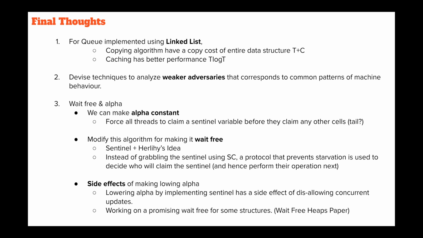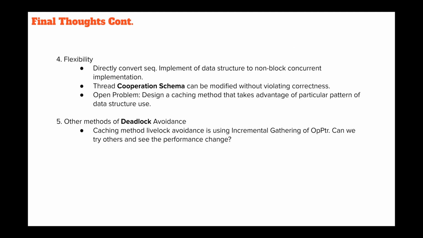He also takes this forward and creates a wait-free algorithm on heaps. And then finally he talks about how this approach is flexible enough to give a user the flexibility of modifying, say, the cooperation scheme and things like that without violating correctness.